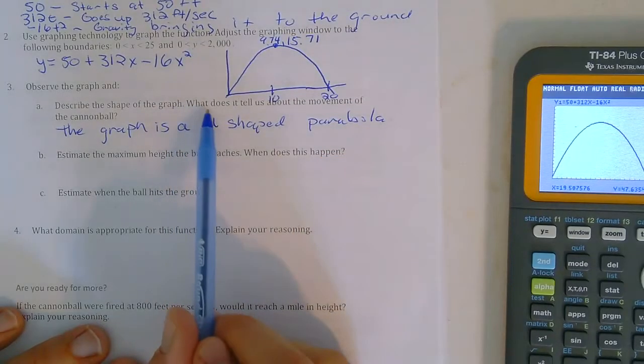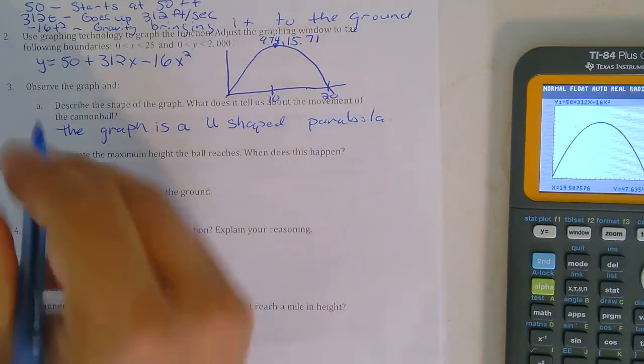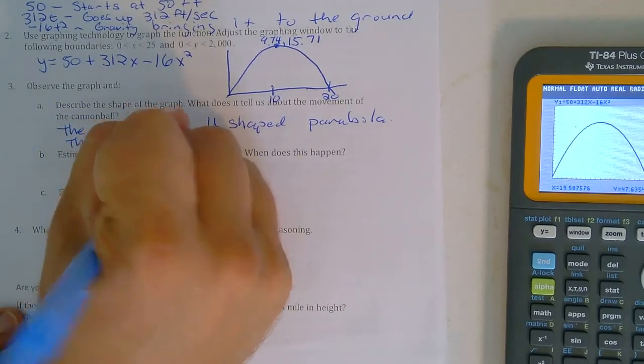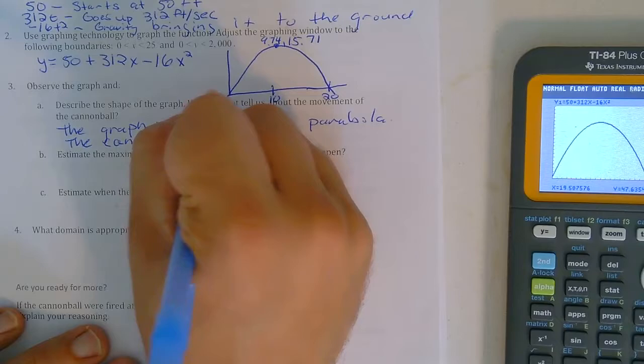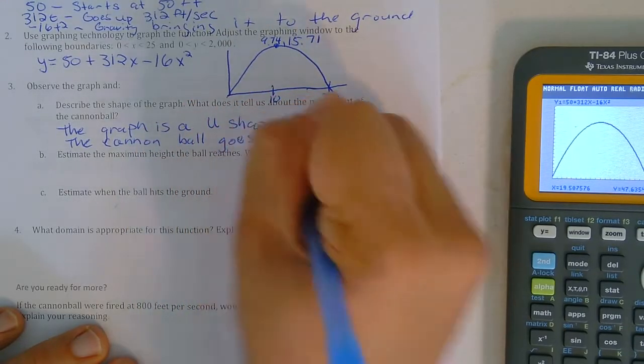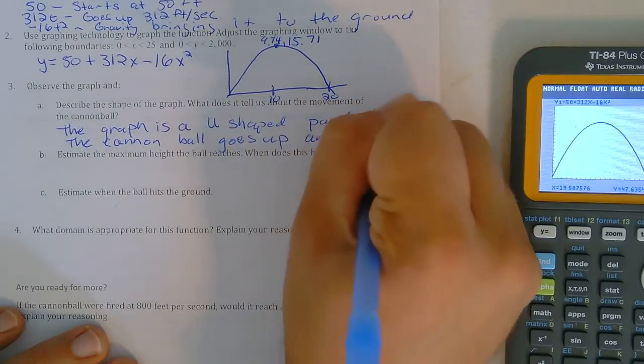And that tells us the cannonball goes up and then hits the ground again. So the cannonball goes up and then hits the ground.